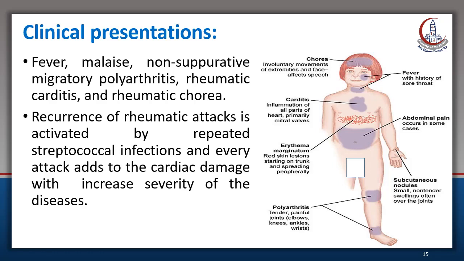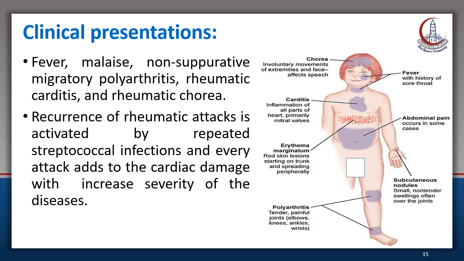Patient may come with fever, with a history of sore throat; chorea, with involuntary movement of the extremities and face affecting speech; erythema marginatum, which is a red skin lesion starting on the trunk and spreading peripherally; subcutaneous nodules, which are small, non-tender swellings often over the joints.